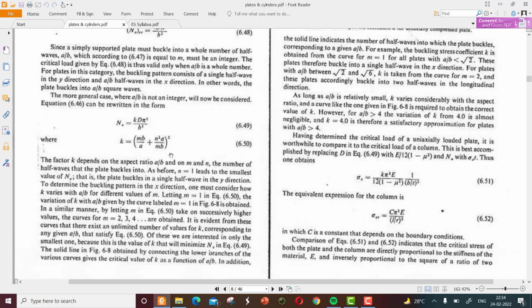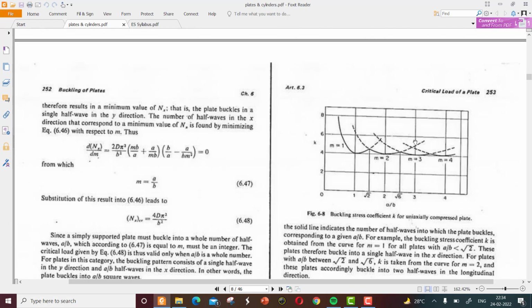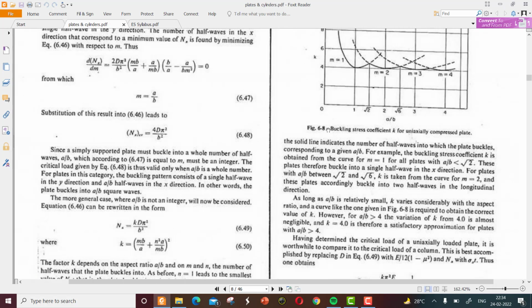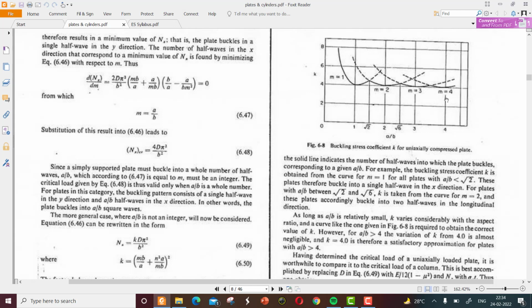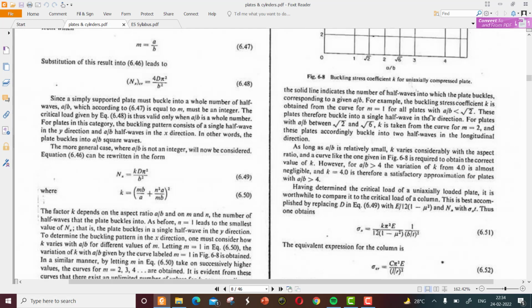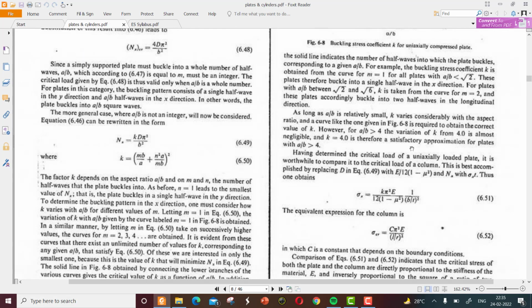Based on equation 6.50, this table is made to get different values of k, the buckling coefficient, for different values of m. Beyond m equal to 4, that is if a is greater than 4 times b, the value is almost the same.